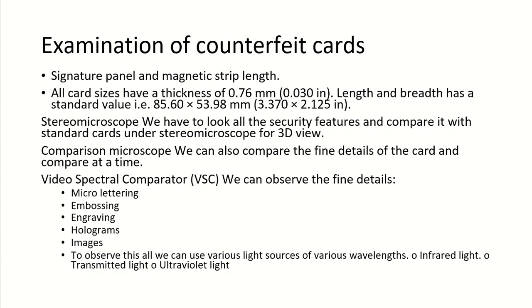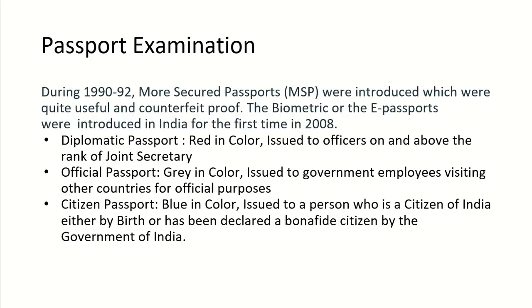Examination of counterfeit cards: signature panel and magnetic strip length are observed. All cards have a thickness of 0.76, length and breadth 85.60 by 53.98 millimeter. Stereo microscope, comparison microscope and VSC are used for that purpose.